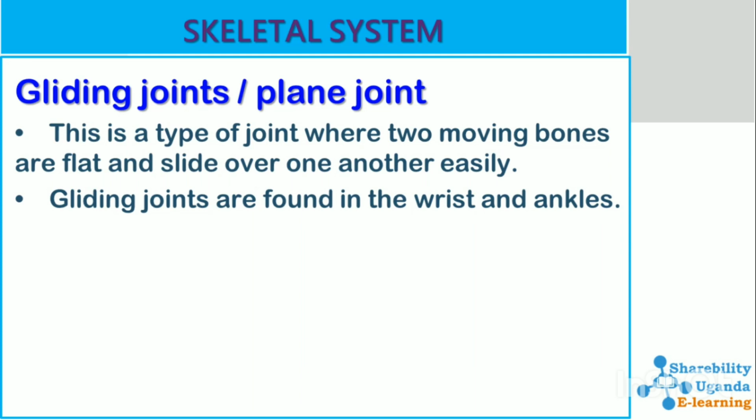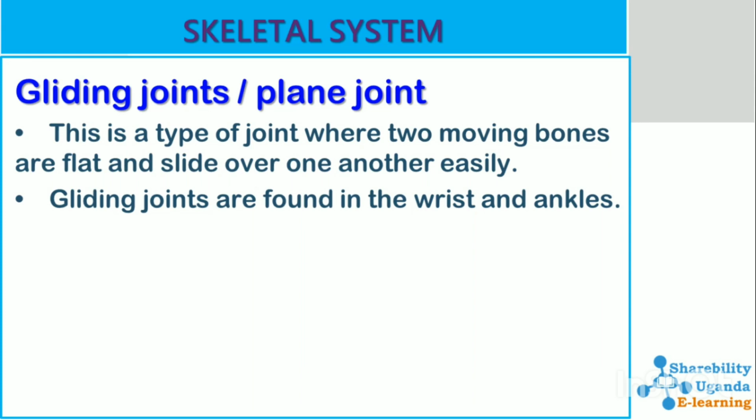We also have what we call the gliding or the plane joints, which is a type of joints where two or more bones are flat and slide over one another easily.